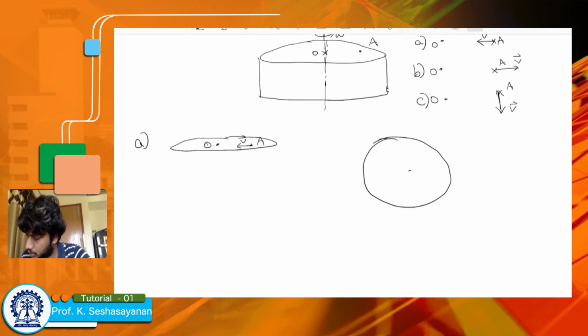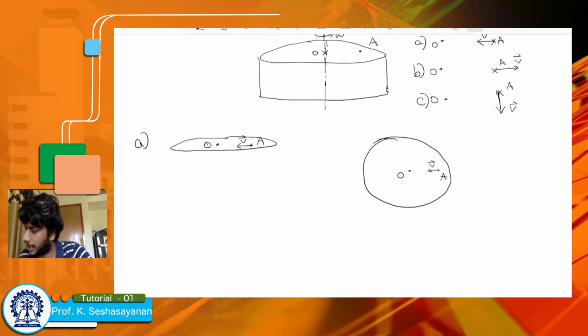So we have a point O, we have a point A, and we have velocity V. So in the rotating frame, the ant is just looking at the center and walking towards the center. Whereas an inertial observer, somebody who's standing outside the mixer, say you or me, would see that the ant is not only walking towards the center, but it's also rotating.